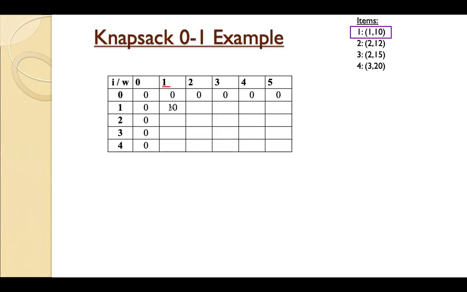See, don't get confused. We'll not be writing the weight here. We'll be writing only the profit in the table. Okay, only profits are represented inside the table. So 10 we have written. And see, we are just in the first item. So remaining rows will just fill it with 10 itself.